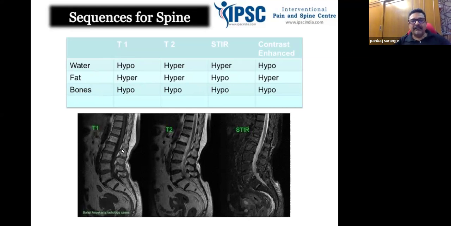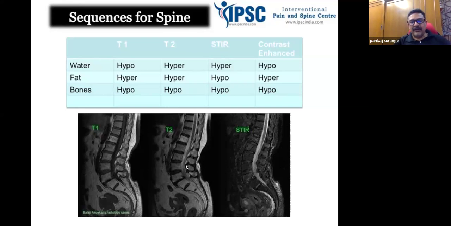We'll go more anterior, we'll see a darker structure on both. You can see it is slightly darker compared to other ligaments. This is the ligamentum flavum.